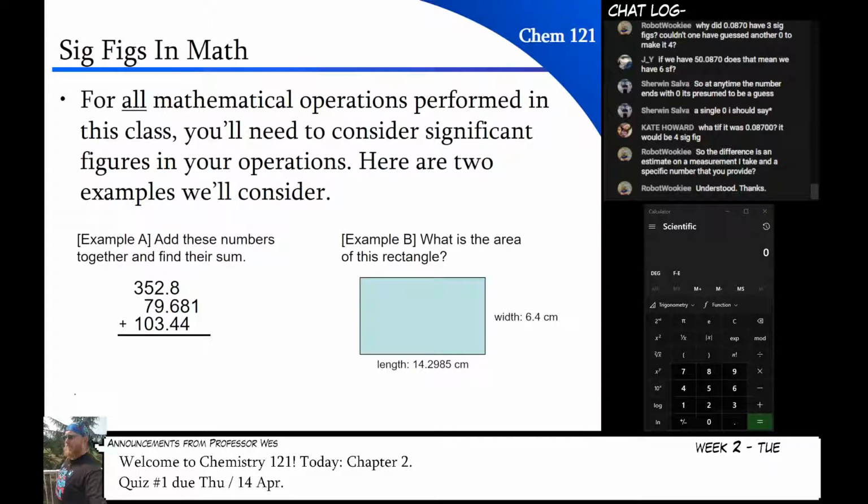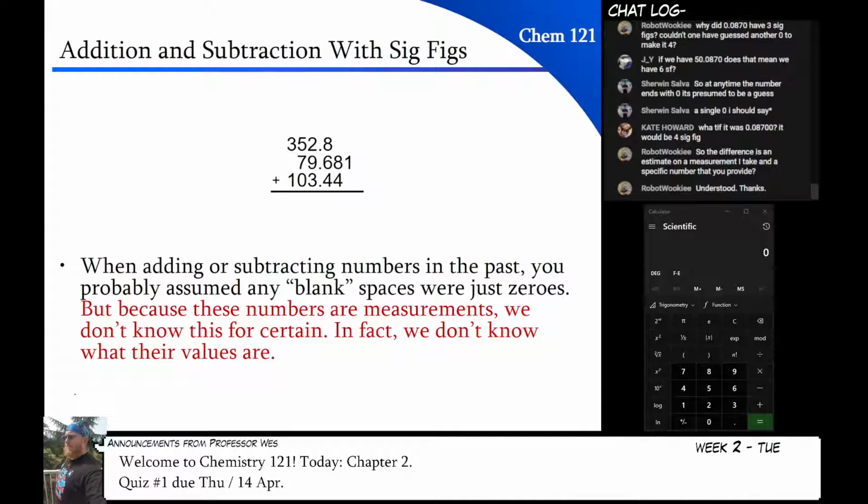All right, let's do example A. If you were doing this math problem in like first or second grade, this is what you would do. You would just say, oh, okay, well, all these blanks are 0, and I'm just going to treat them like zeros, right? And so carry the 1, 11, 12, 15, carry the 1, carry the 1. And this is the answer that you get.